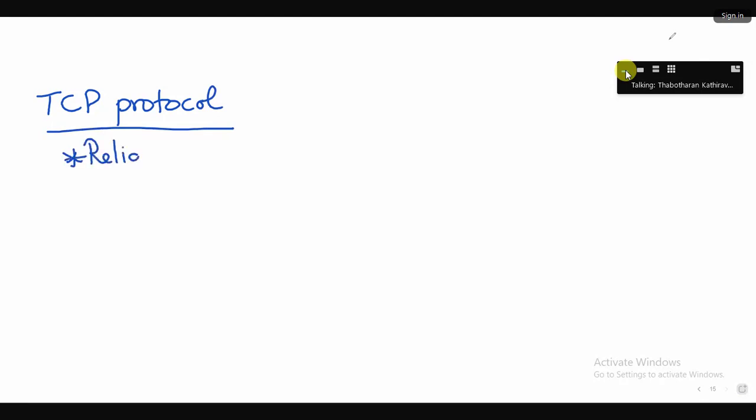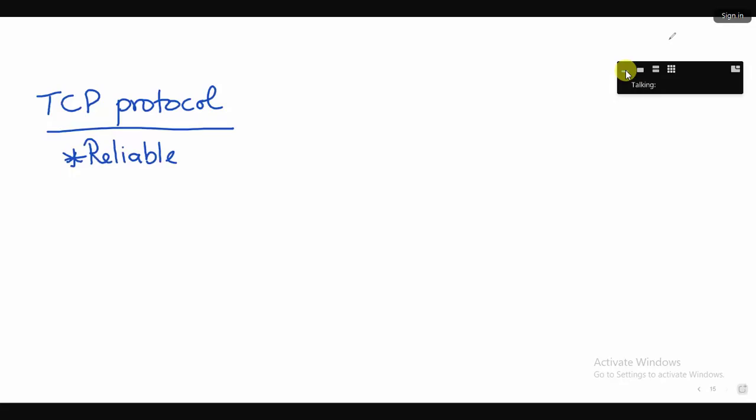So let's move on and start a little bit of discussion on the TCP protocol. As I said earlier, it's a reliable protocol.